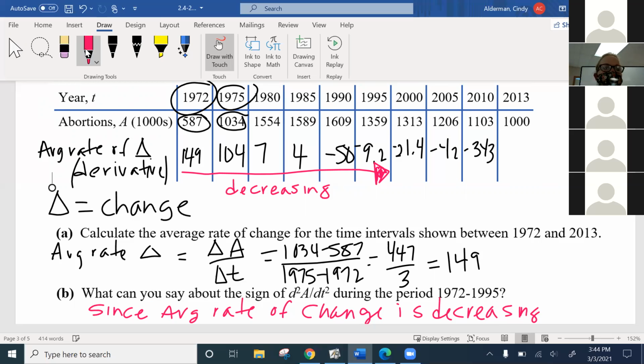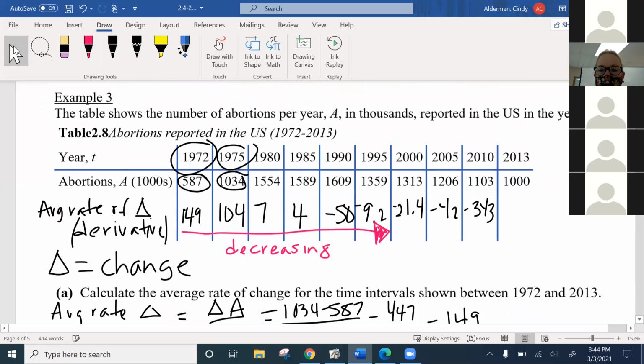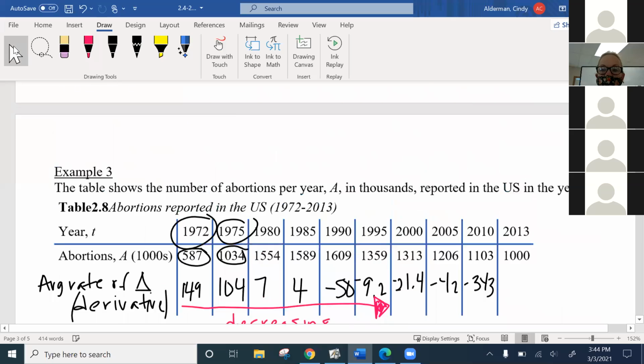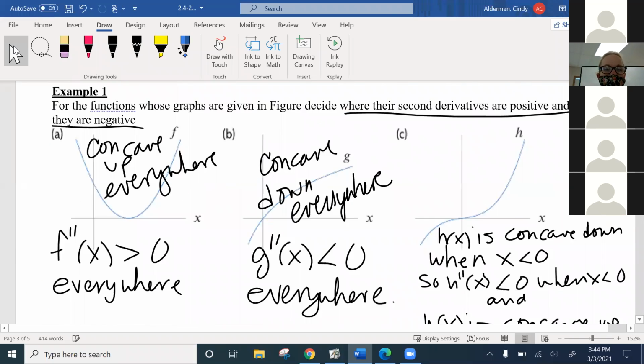Let's go back. So again, average rate of change is decreasing. So the derivative is decreasing, and we want to know what's going on with the second derivative.